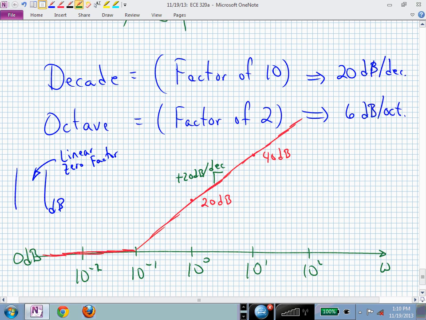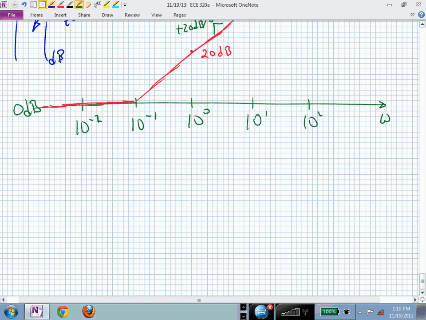What's the phase of that linear factor going to look like? And here's where Goldilocks becomes even more prominent. Because now what we do is we actually look at those three frequencies, find the angle at those three, and then just straight line connect those three dots.